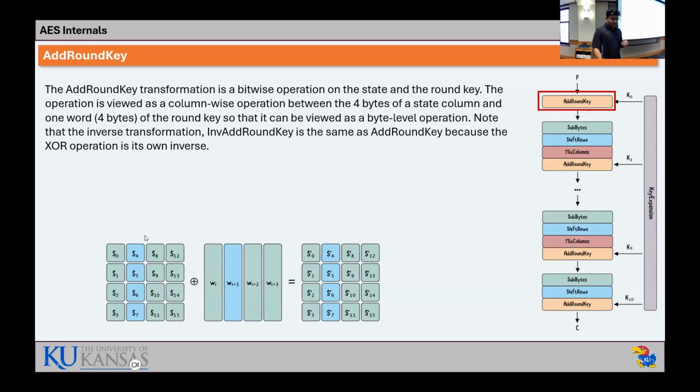For the first round, it will add the key with this state matrix. Initially, the state matrix will have the plain text, which is 128-bit.